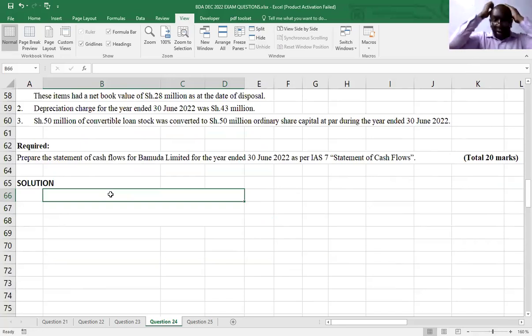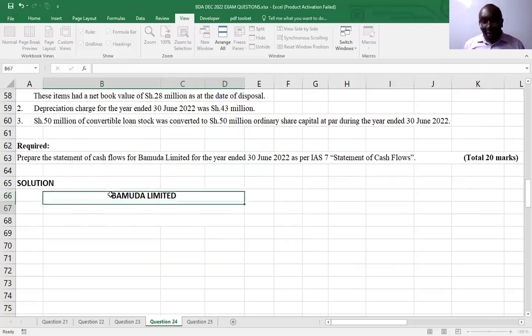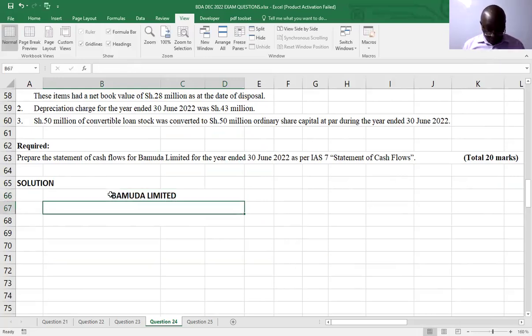So we are going to start with the name. The company is called Bermuda Limited. Bermuda Limited. We are drawing statement of cash flows. And there are usually two methods.